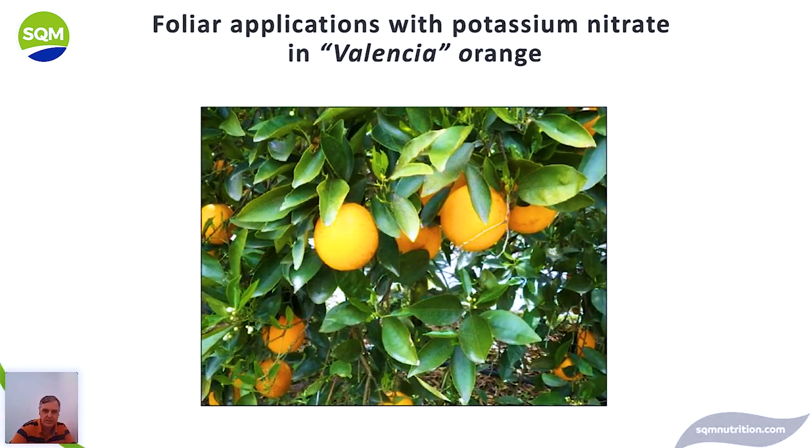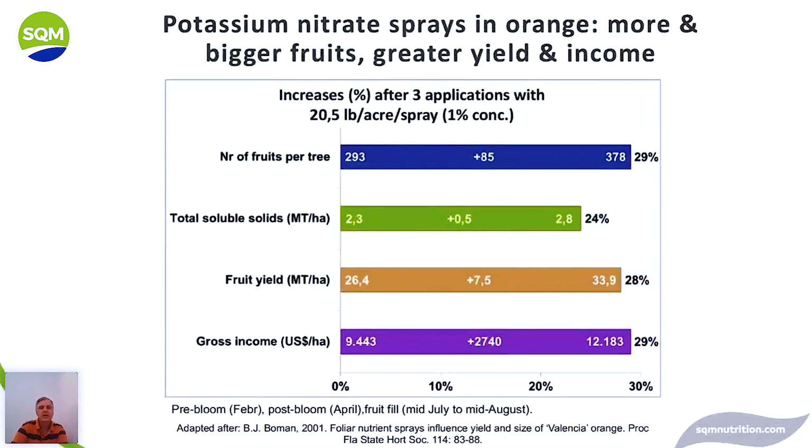with foliar applications. This is with Valencia orange, and you can see that when you do 3 applications of around 20.5 pounds per acre, sprayed, we increased the number of fruits per tree from 293 to 378.